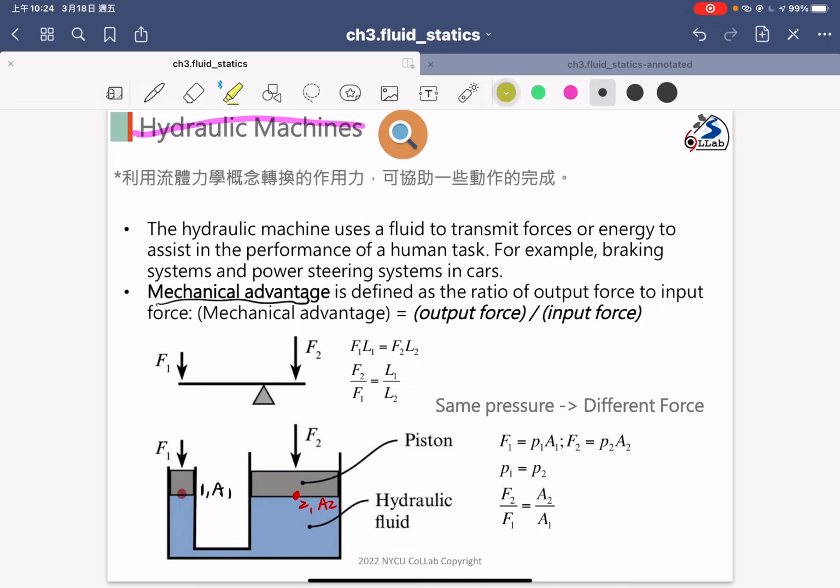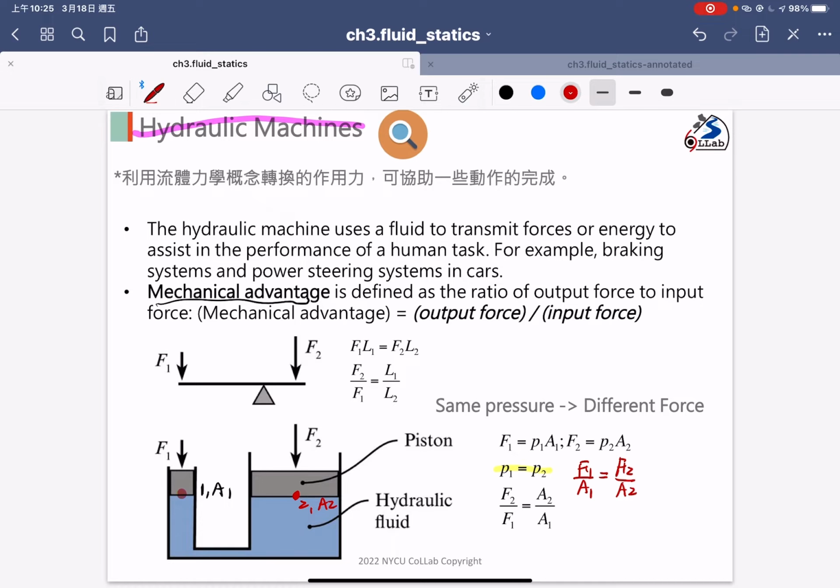And I tell you the pressure at location 1 is equal to the pressure at location 2. Based on these simple equations, we have the force: force 1 divided by A1 is the pressure 1, and that will be equal to force 2 divided by A2.